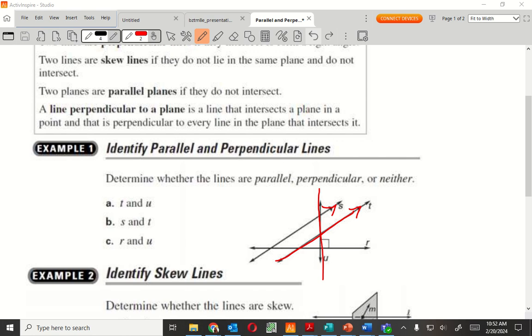It's going to be neither because it's not parallel. Parallel lines, here's a good example, just like these ones here. They do not get further apart, they do not get closer together, they never cross. So this one is going to be neither.